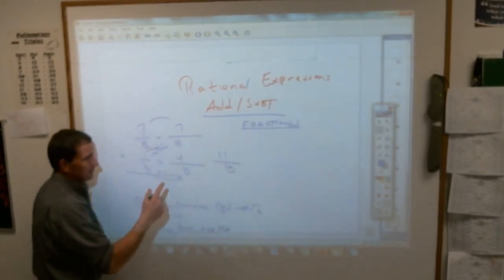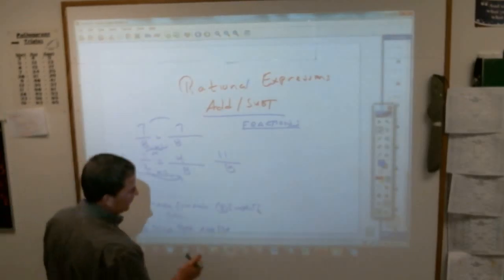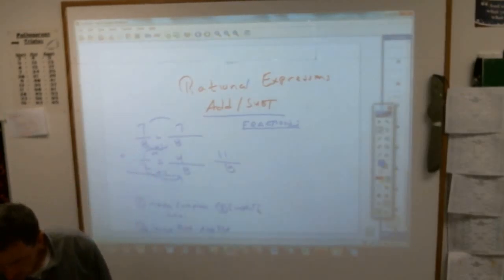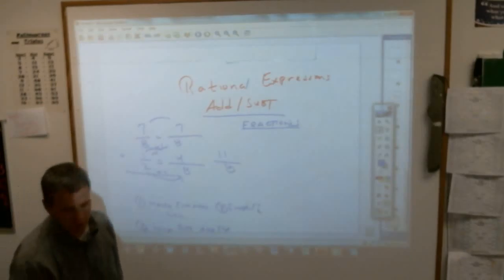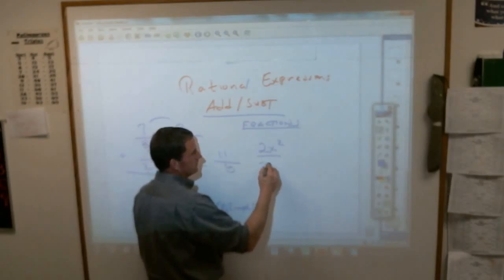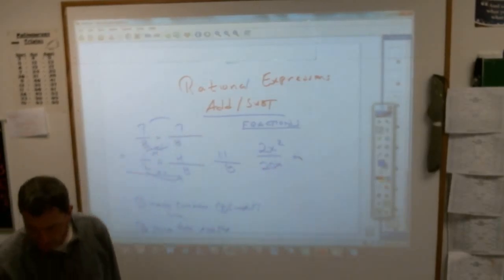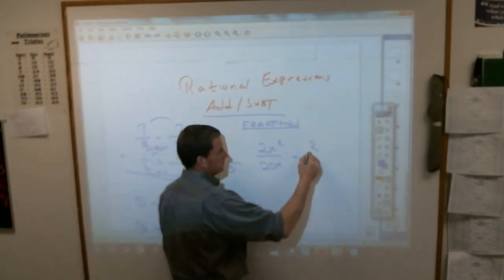If you just keep that in mind for what we're doing today, it'll be a lot easier than maybe you think it'll be. For example, starting off easy here, from the book, here's one problem: 2x squared over 20x plus 3x squared over 20x.